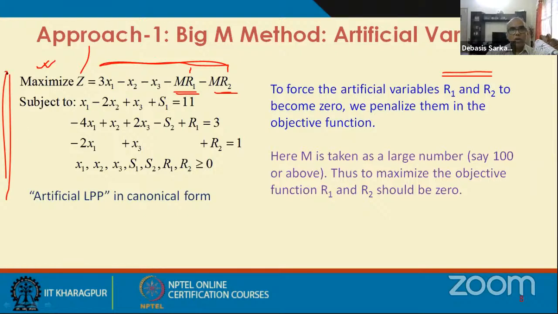So if I obtain a solution to this artificial linear programming problem, and in the solution my R1 and R2 are 0, then of course this also becomes a solution of the original linear programming problem.